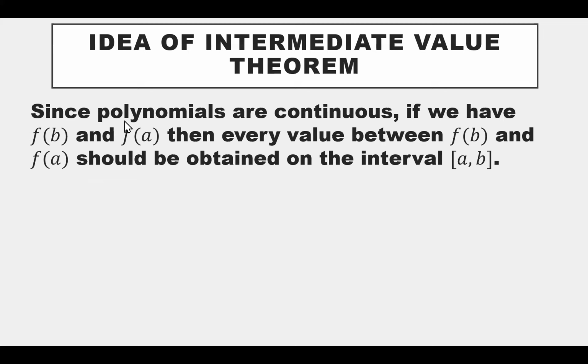Since a polynomial is continuous, then every value between f of b and f of a should be obtained on the interval between a and b. Hopefully that makes sense. Let me graph it out and it should make sense.